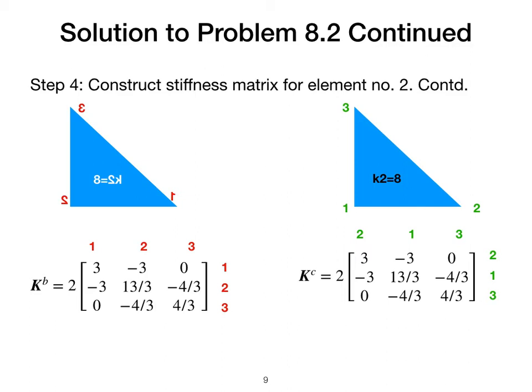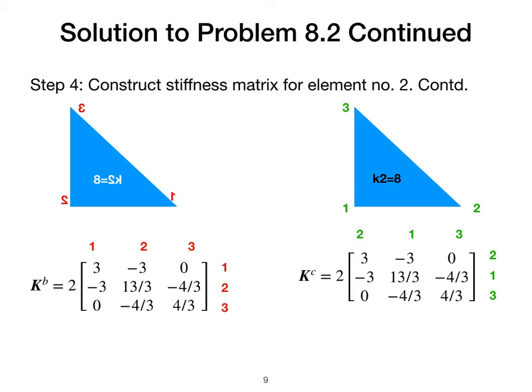And what do we have to change? If we compare the two figures, left and right, what we see is node 3 remains node 3 and nodes 1 and 2 are being interchanged.